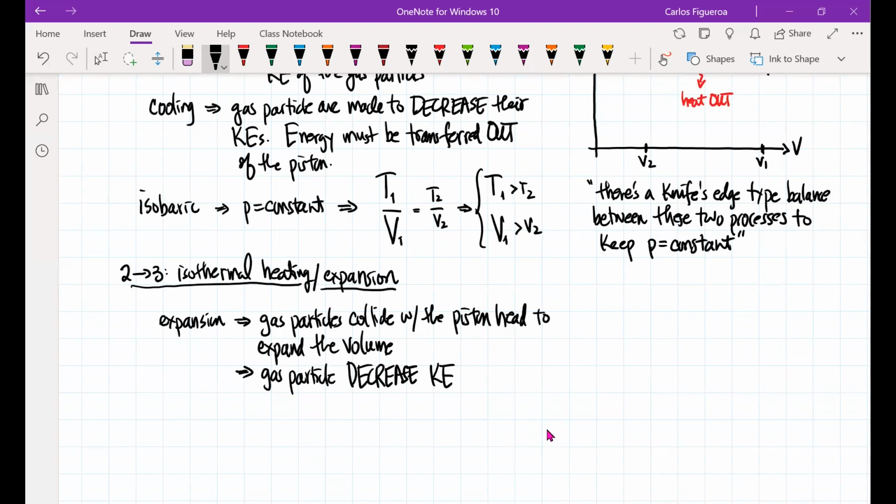But in order to keep this at constant temperature, there has to be heating.